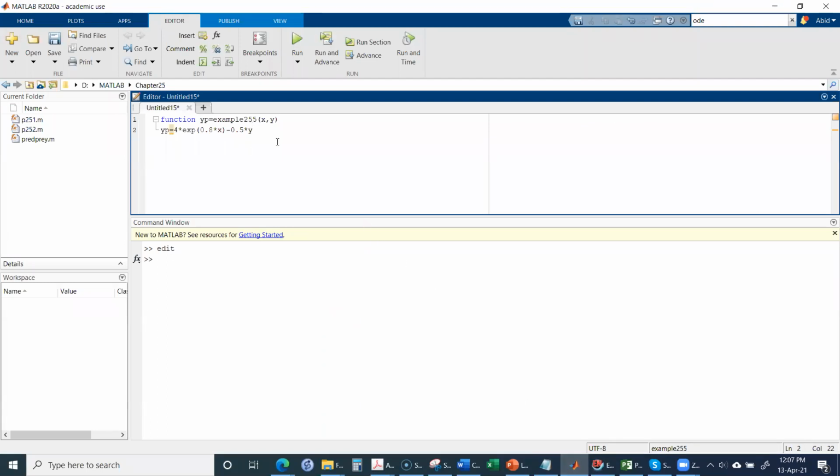Then put a semicolon, and then you will end it.